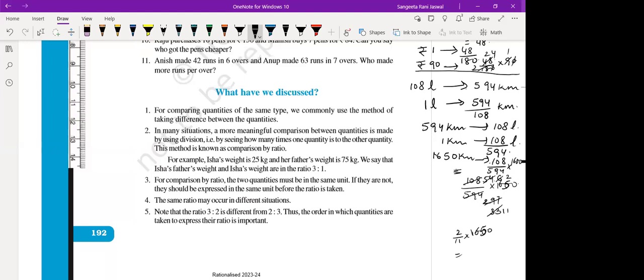What do you get? 2 into 11 ones will be 11, fives are 55 and 0, 150. So that is 300 liters. So for 1650 kilometers, the truck needs 300 liters of diesel.